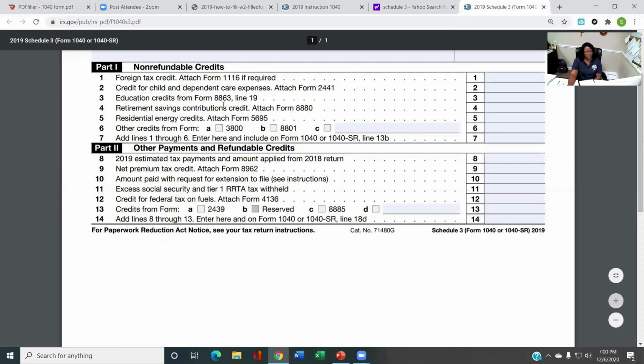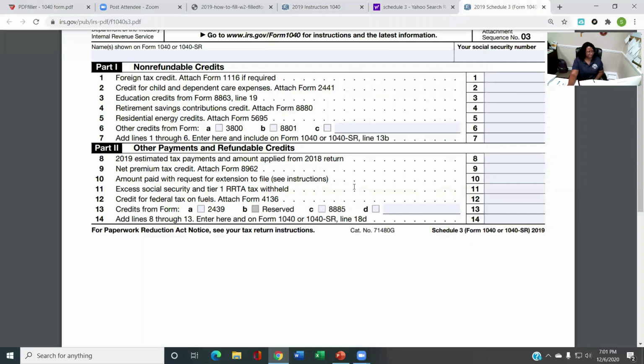The education credits we talked about from Form 8863 go here. So all of those credits, energy credits, retirement savings that you put into retirement, you get forms for all of these, and this is where you would put them. Other credits that are refundable: premium tax credit, amount paid with request for extension to file.